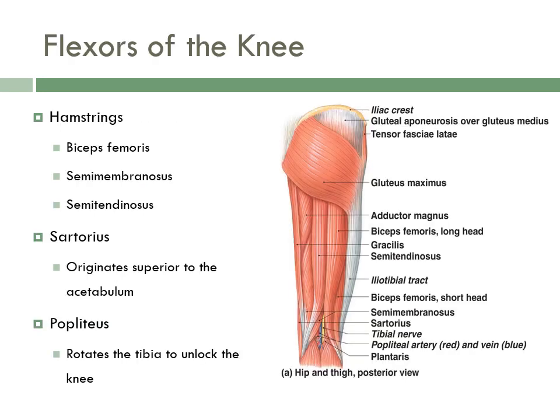Flexors of the knee are going to be on the posterior surface. So remember, when we are flexing the knee, we are bringing the foot closer to the buttocks, and so it's the posterior muscles that have to do that. We have our hamstrings, which are three muscles made up of the biceps femoris, the semimembranosus, and the semitendinosus.